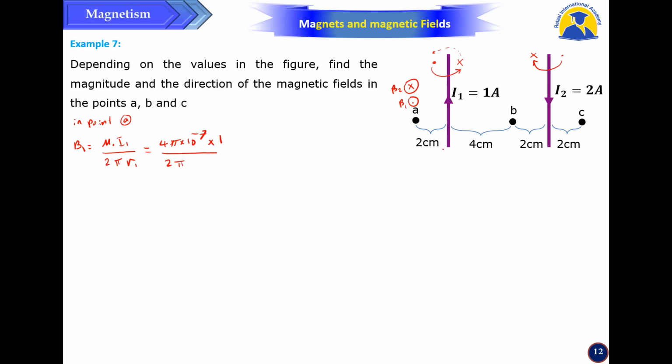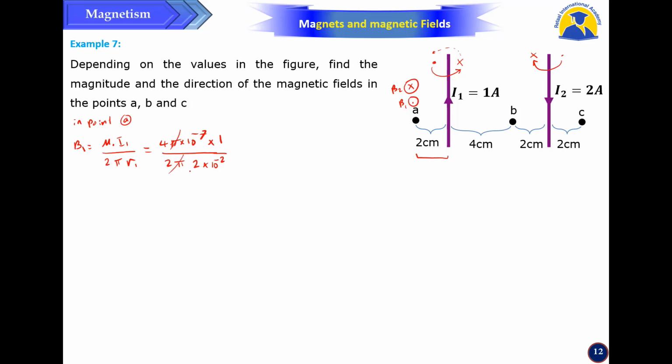R1 is the distance between wire number 1 and the point where we want to find the magnetic field. So it's 2 centimeter. We convert centimeter to meter, so it will be 2 multiplied by 10 to the power minus 2.